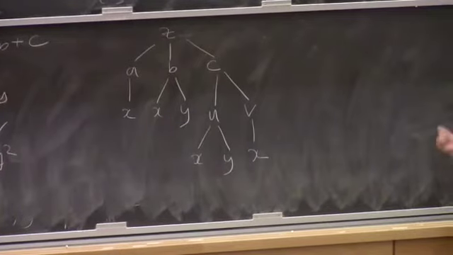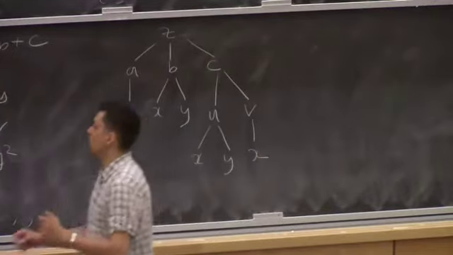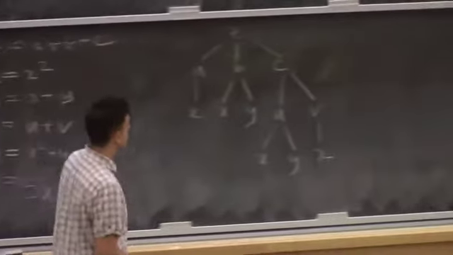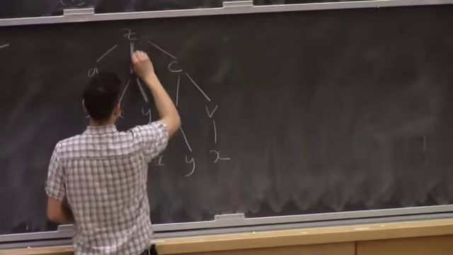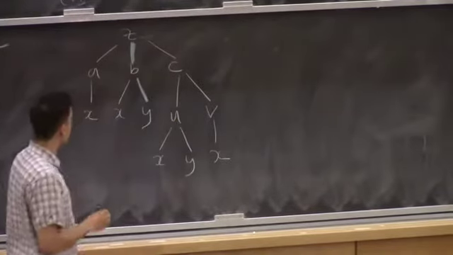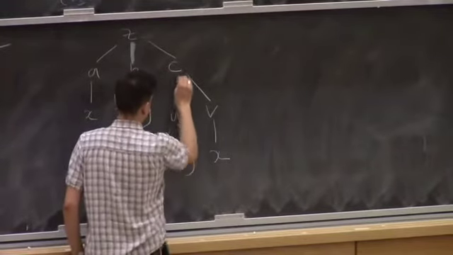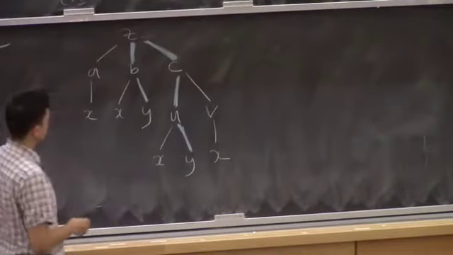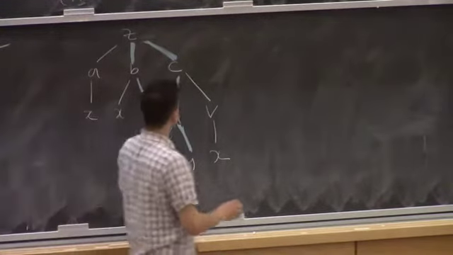Okay, so we've got the dependence diagram among the variables. Now, we want all paths from Y to Z. Okay, so we're going to go, there's one of our paths. There's our other path. Okay. So we get the following thing.